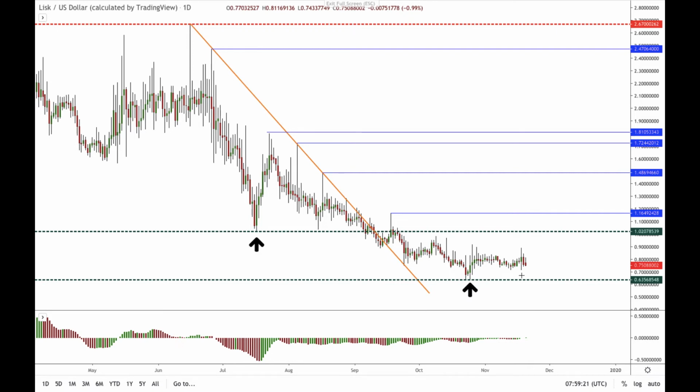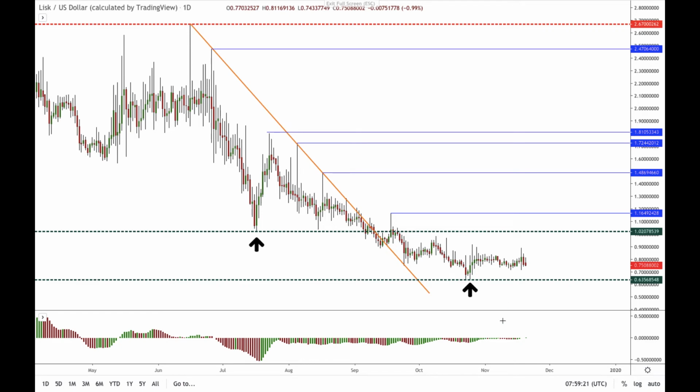So this might be a kind of base building for an eventual move higher. Whether that move higher will be a new trend or just a corrective bounce, just a little bit higher than usual, for example, to the level of 1.02 or 1.16 or even 1.48, we will see, right? But this is pretty much a good area to accumulate some Lisk, just from the pure technical point of view.